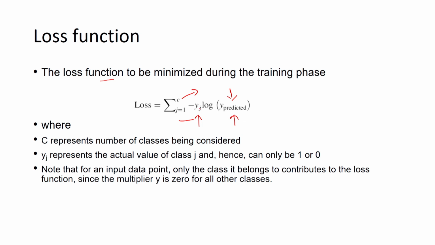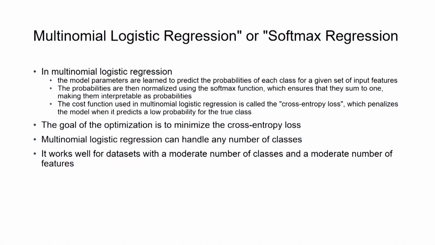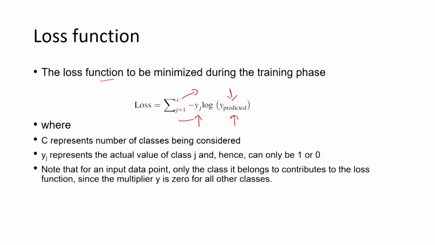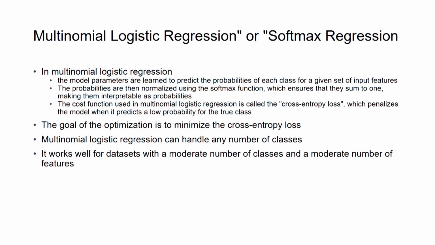Using this cross entropy function, we calculate the loss function, and then we can use any optimization technique, generally gradient descent, to find the optimal values of the parameters. This is called multinomial logistic regression or softmax regression.